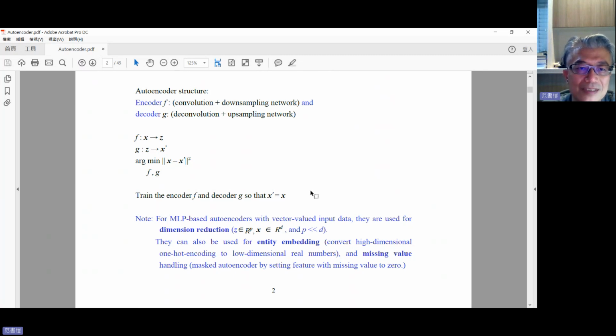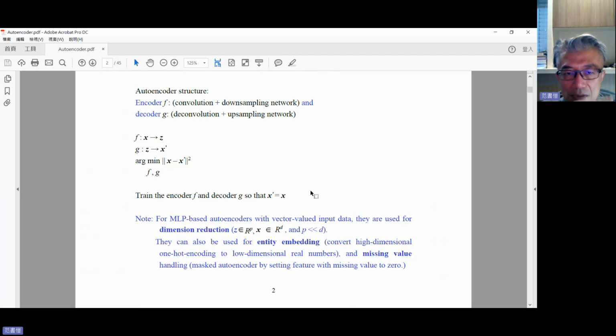So F maps X down to Z. X is the high-dimensional input, a row vector or column vector. Then Z is transformed back to X prime. The objective is the argument of the minimization of the Euclidean distance between X and X prime.